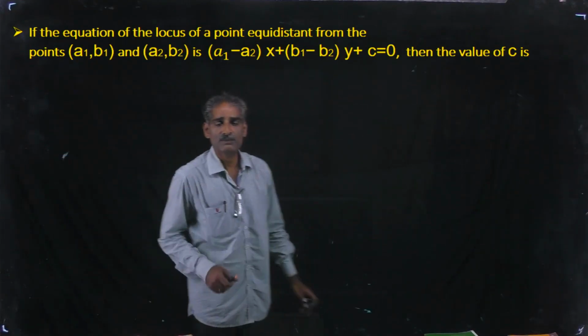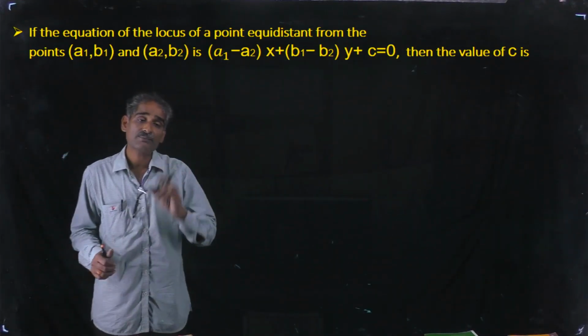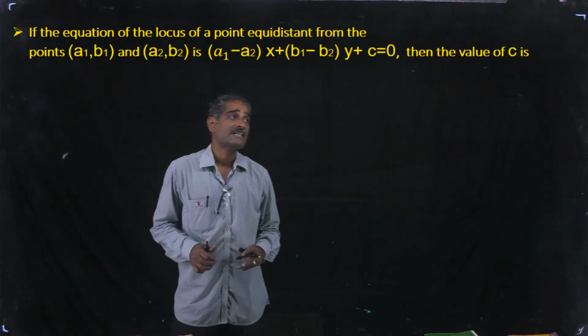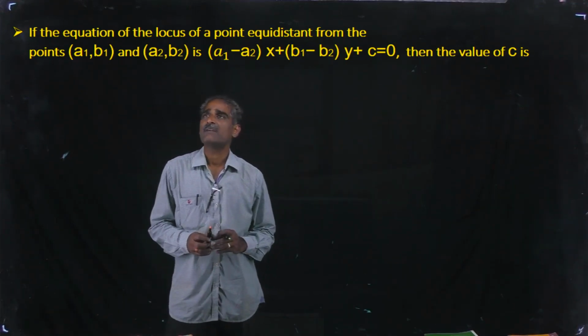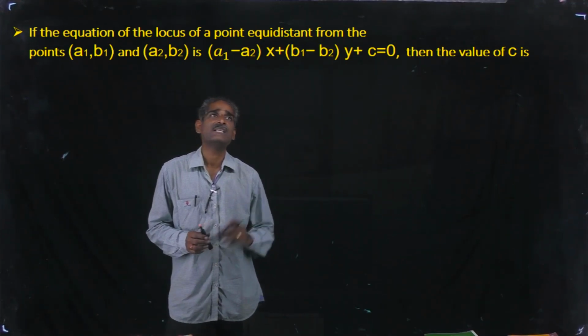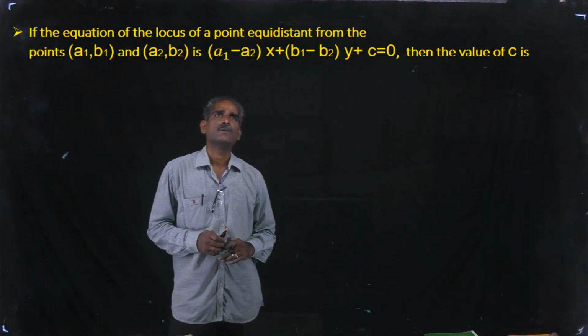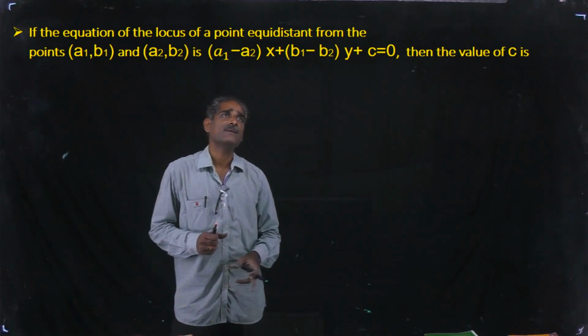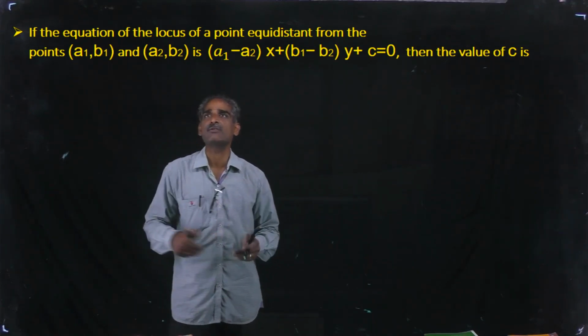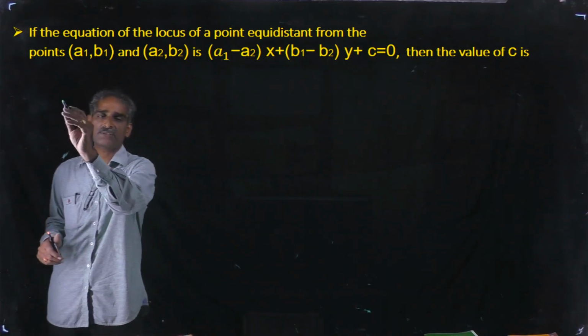Right? See this problem. If the equation of the locus of a point equidistant from (a1, b1) and (a2, b2) is this one, find C. So this is the locus of the point which is equidistant from the given 2 points.